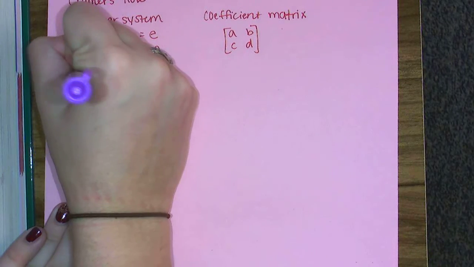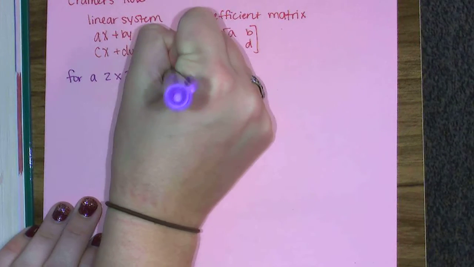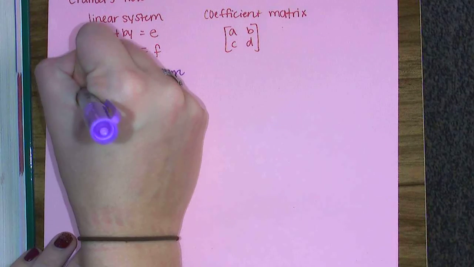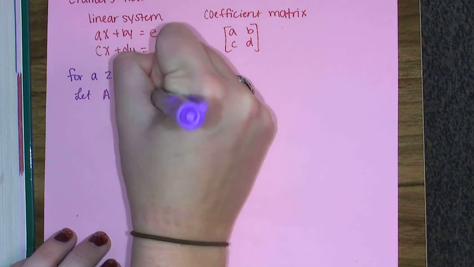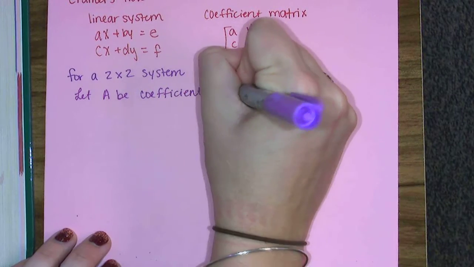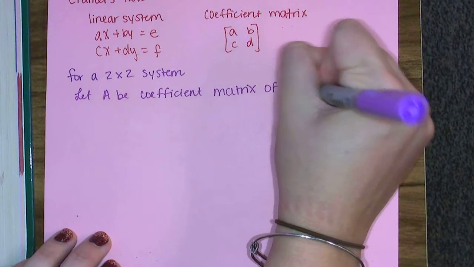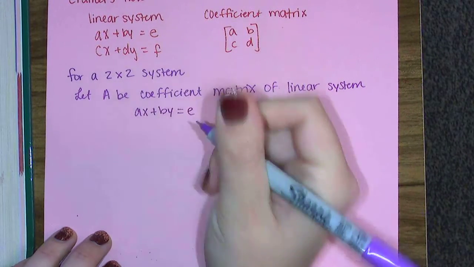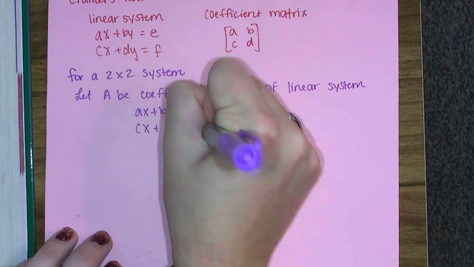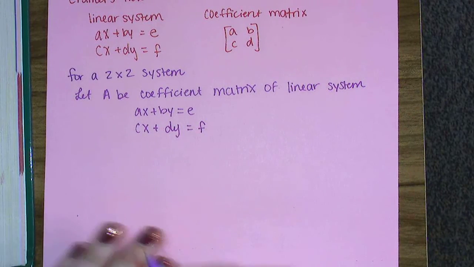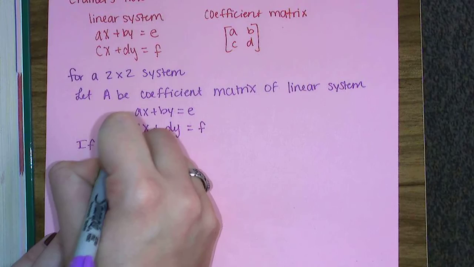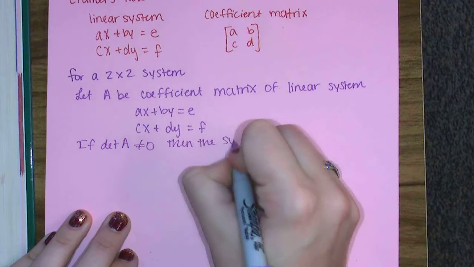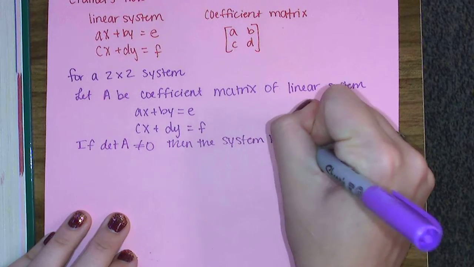Alright, so for a 2x2 system, let A be the coefficient matrix of a linear system, AX plus BY is equal to E, and CX plus DY is equal to F. If the determinant of A is not equal to 0, then the system has exactly one solution.